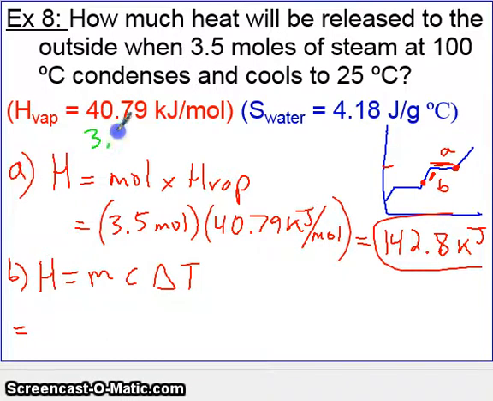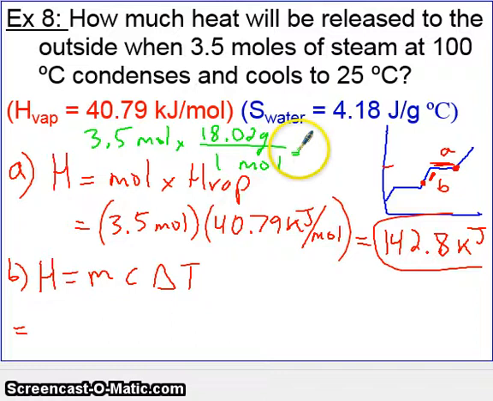So 3.5 moles. A mole of water is 18.02 grams of water. So if you multiply 3.5 times 18.02, you should get 63.07 grams of water. And that's what would go for our mass.